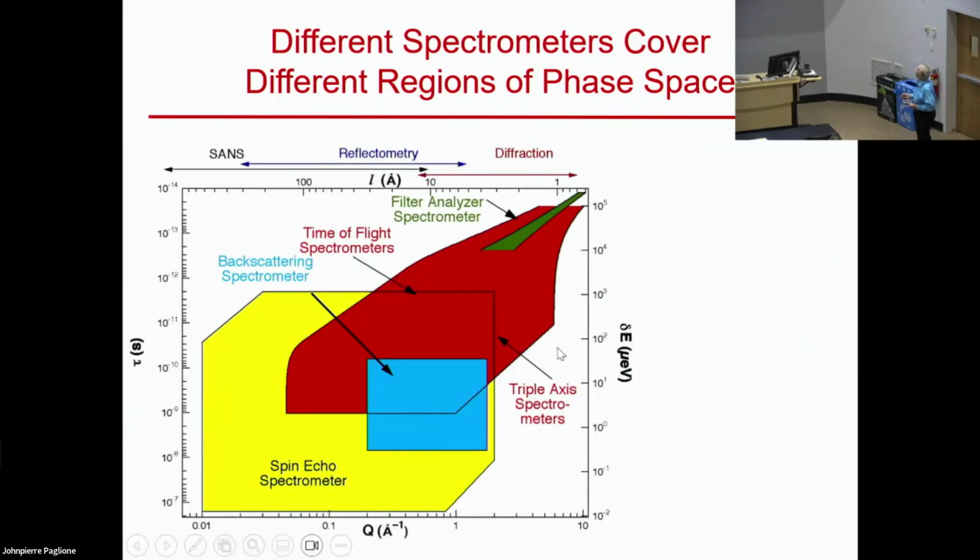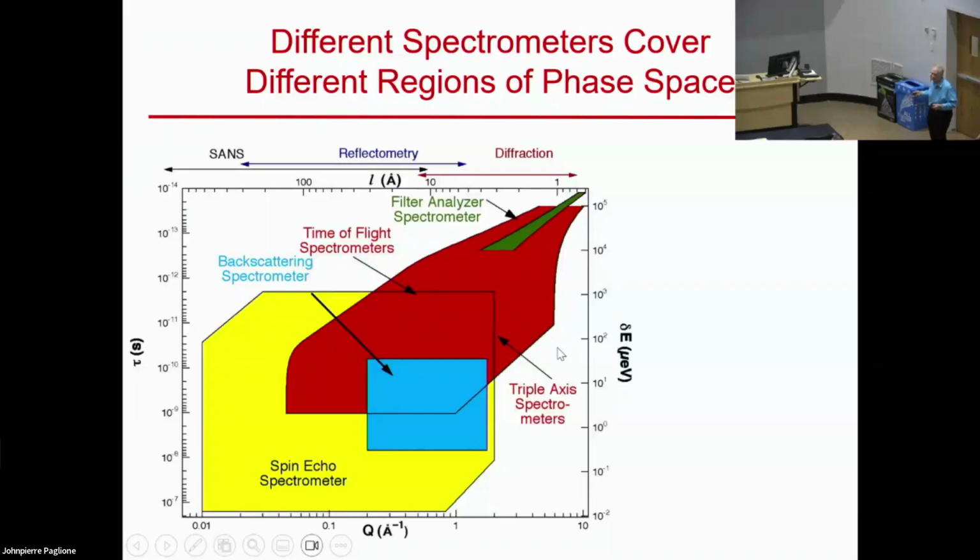Okay. Different spectrometers. How come we have all these different spectrometers? They cover different angular ranges, and I'll show you in the next part of the talk various examples of how we can use these. For structure work, we can go from centimeter scale, where you're doing actually imaging of items, down to the angstrom.